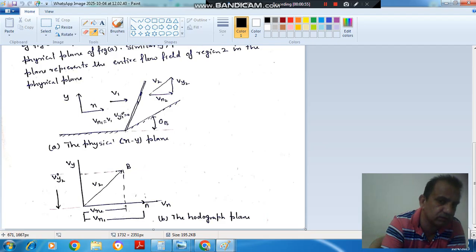The velocity after shock is v2, which has two components, Vx2 and Vy2. Vx2 is in x direction and Vy2 is in y direction. So this is the oblique shock.